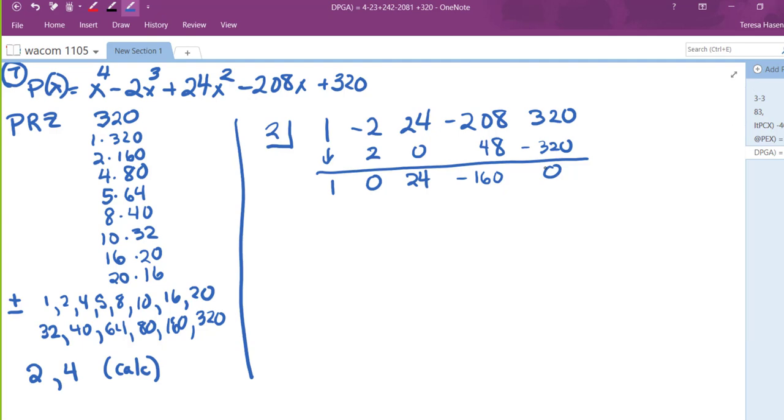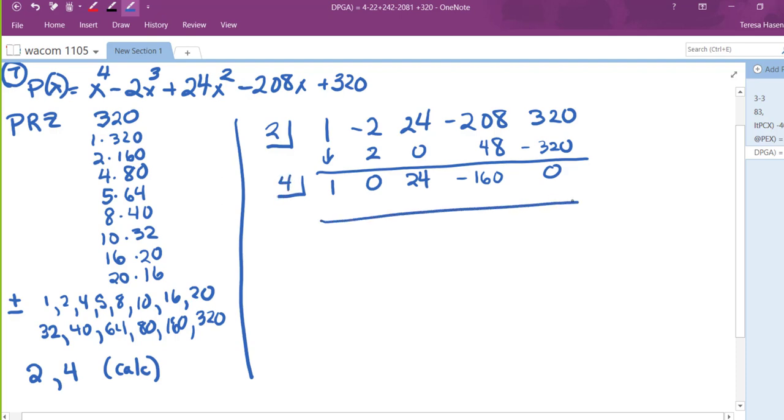What you want to do with your next one is divide right into this. You don't want to start over because you want it to come down a degree each time. If you start over, it would still keep you at degree 3, which is where it is right now. So we will divide into this row, the 4, and so 1 times 4 is 4.